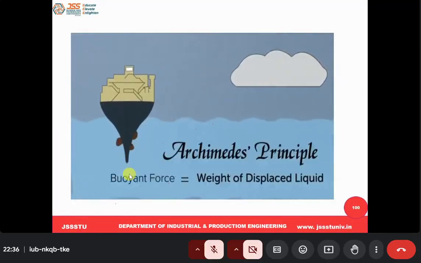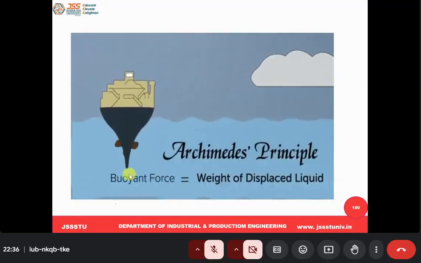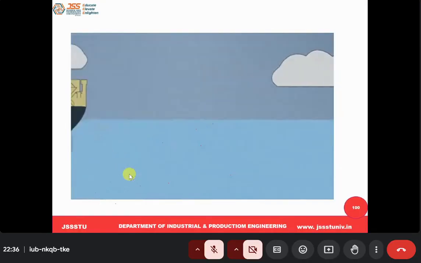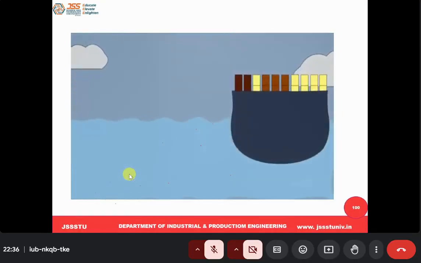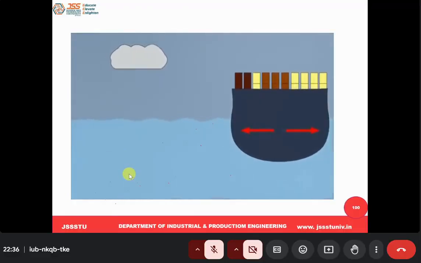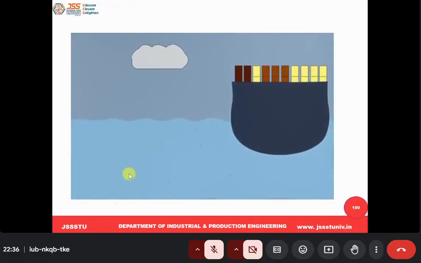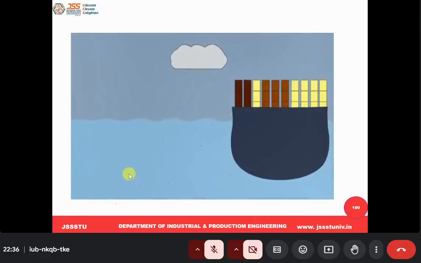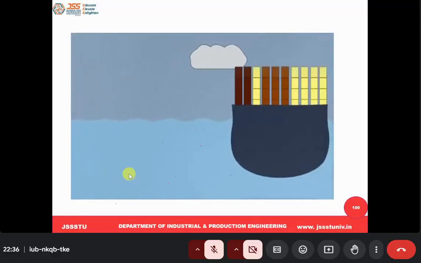A ship will float as long as it weighs less than the amount of water the hull can displace. Container ships that transport heavy loads use especially long and wide hull construction to increase the maximum amount of buoyant force a ship can withstand without sinking. If a ship's load is too heavy, it will sink.